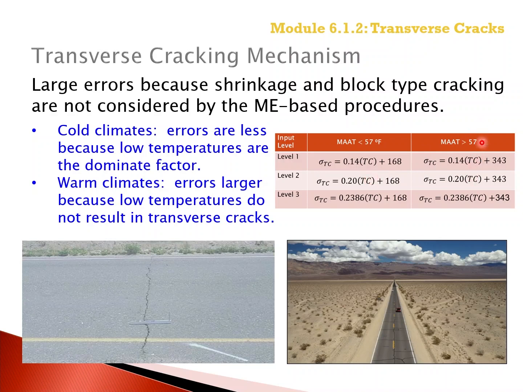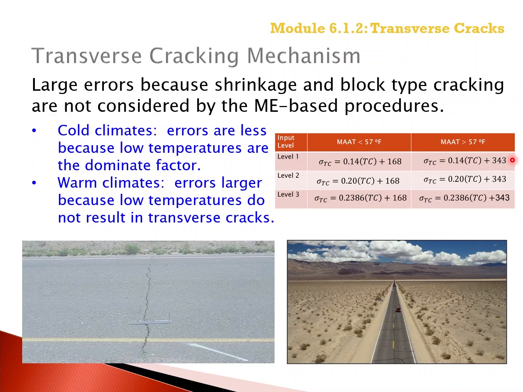While above 57 degrees Fahrenheit, which is represented by warm to hot climates, is where other mechanisms of shrinkage and or thermal fatigue have a greater influence on the occurrence of transverse cracks, which are not simulated in the Pavement ME design software.